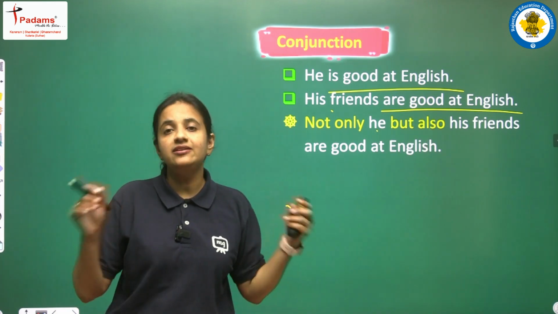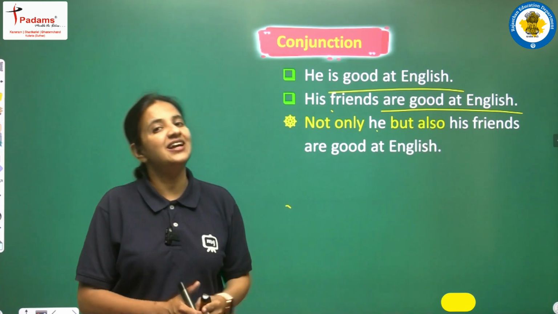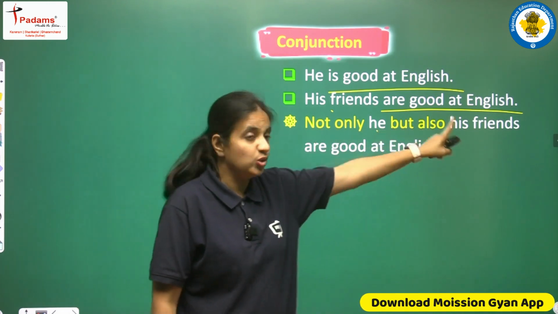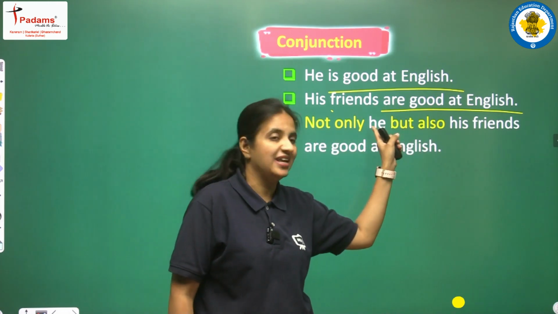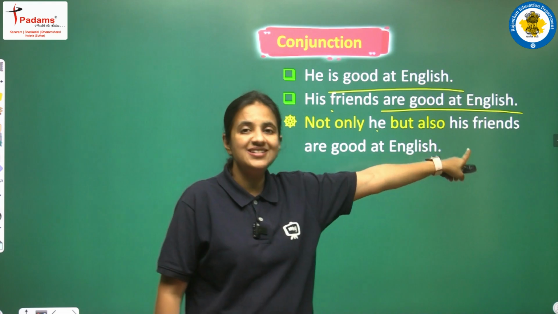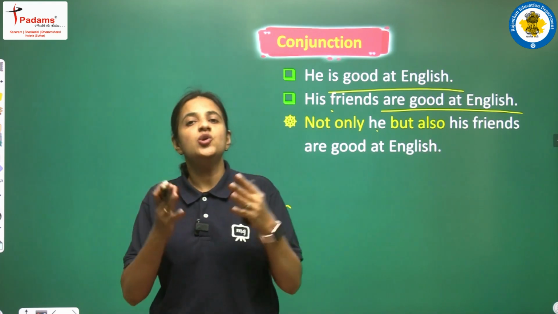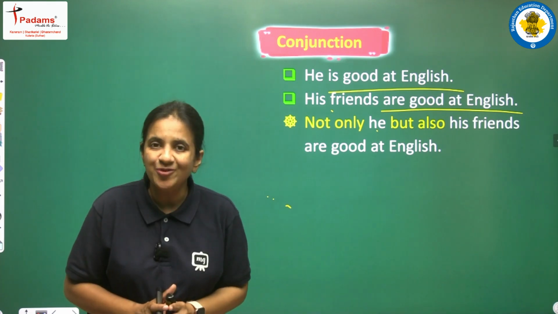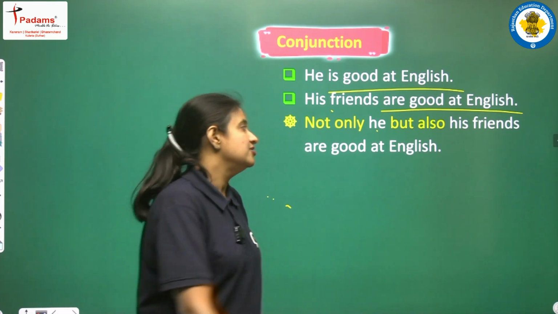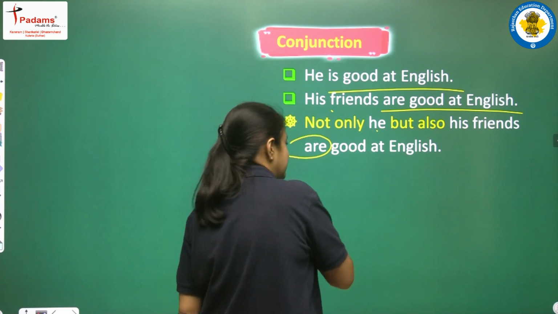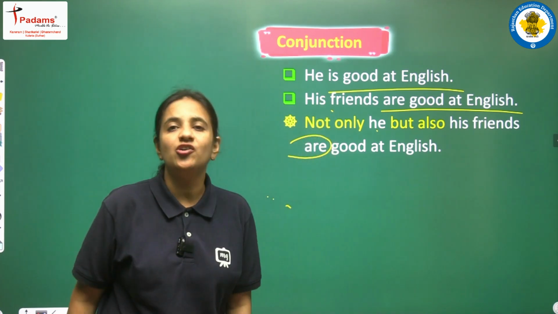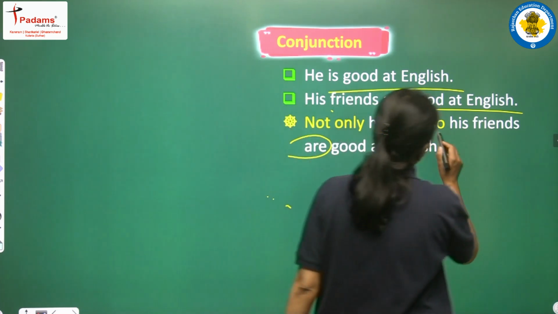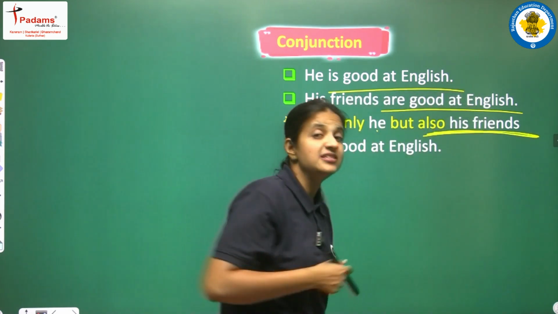Now students, the tricky part comes here: when we have two subjects and one subject is singular and the second subject is plural, what helping verb do we have to apply? Students, I want to make it clear that when we are using "not only but also", we have to look at the second subject.